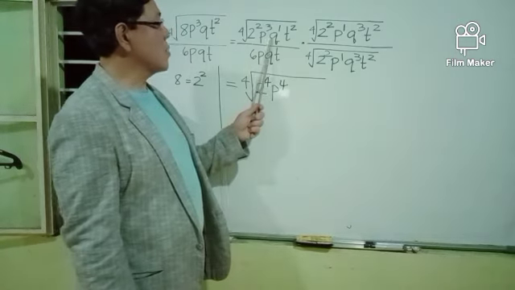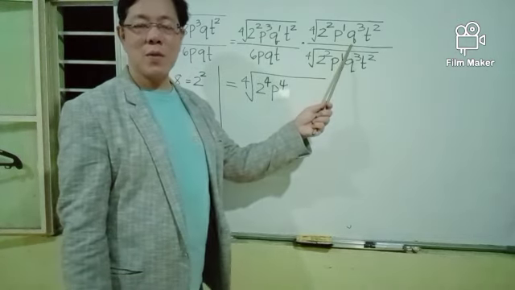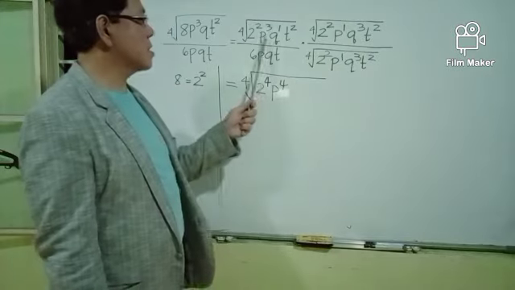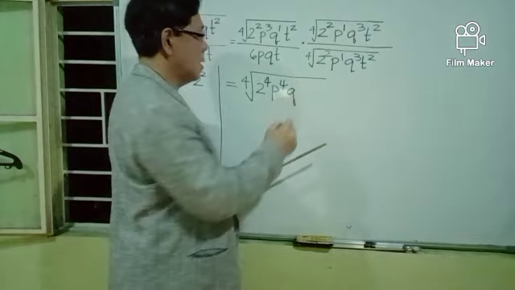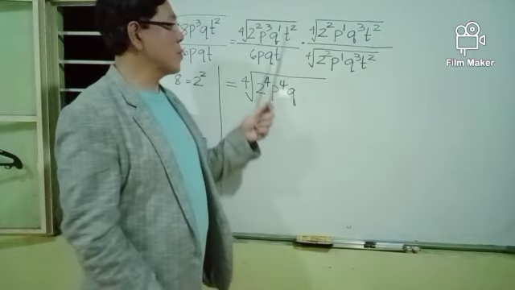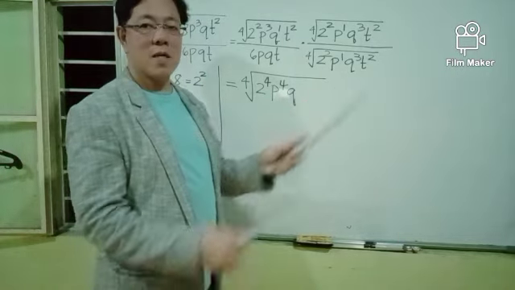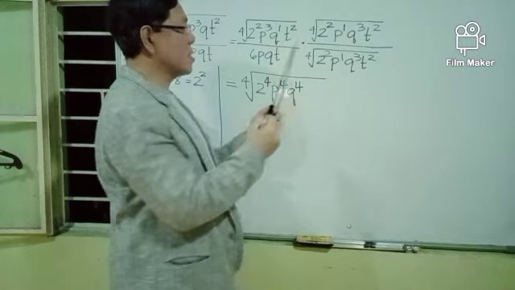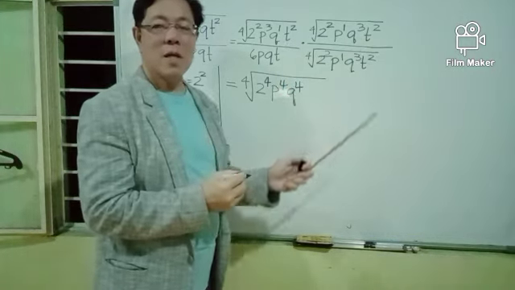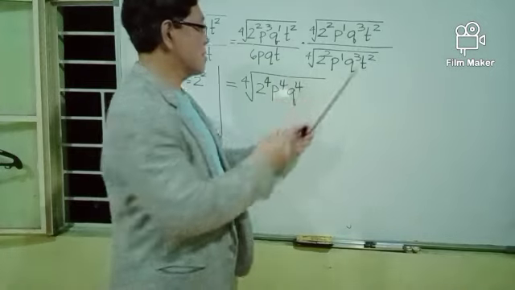We multiply q raised to 1 multiplied by q raised to 3. Common base is q. And we add the exponents of q. 1 plus 3 here is 4. Multiplied by t squared and t squared. Common base is t.